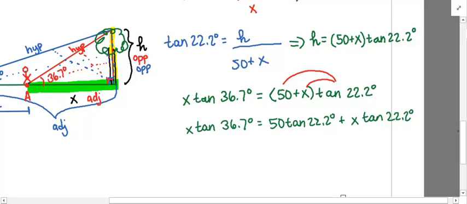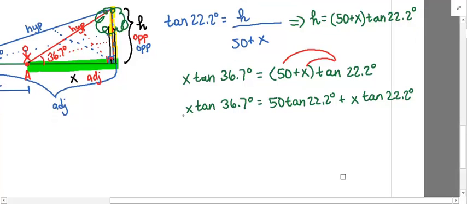Okay, so this term contains an X, this term contains an X, this other term is just a number. I want to put everything with an X on one side, so I'm going to move this term over. So I'm going to subtract it from both sides to undo the addition.